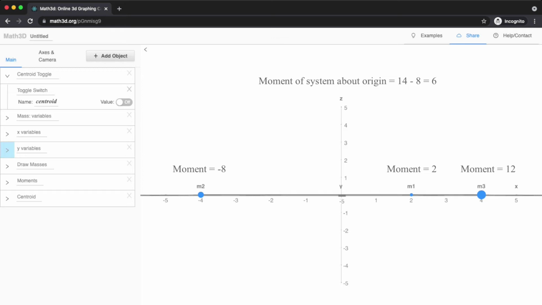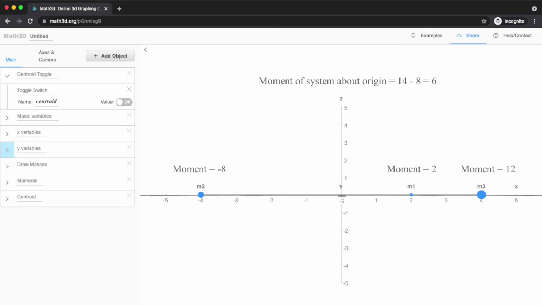But now I want to place that mass somewhere so that it gives the same moment as this system, so that it has the same tendency to rotate about the origin. Well, the moment for this system we worked out was 6. So where do I place this mass? The mass is 6, and I want to place it some distance d from the origin.